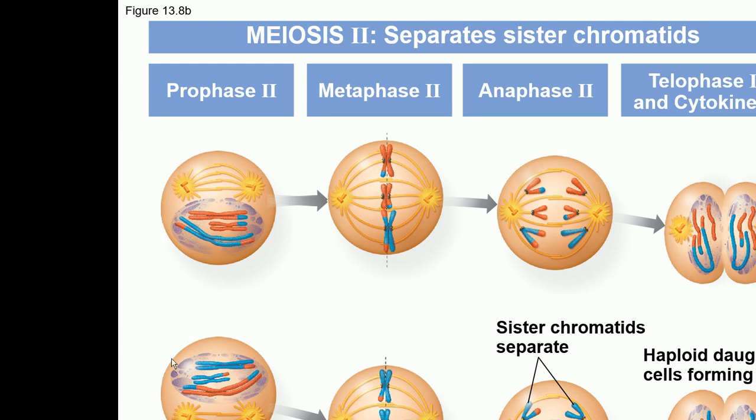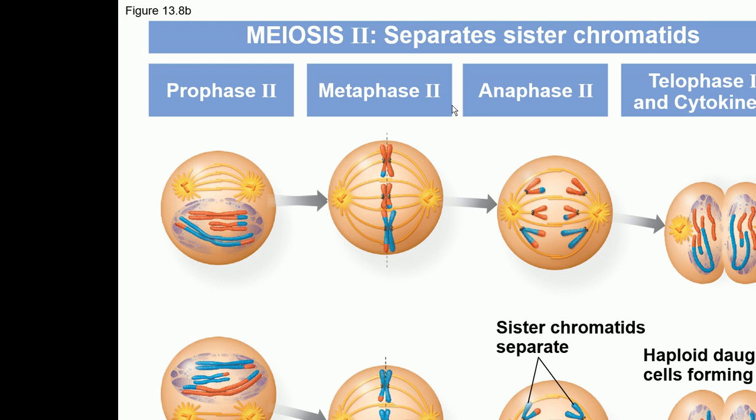So this is one cell, this is second cell, and you can see in metaphase 2 of meiosis 2, all the 23 chromosomes come in the center. So here is one difference: we say meiosis 2 and mitosis are exactly the same, but there is one difference. In metaphase 2 of meiosis 2, there are 23 chromosomes, but in the metaphase of mitosis, there were 46 chromosomes.